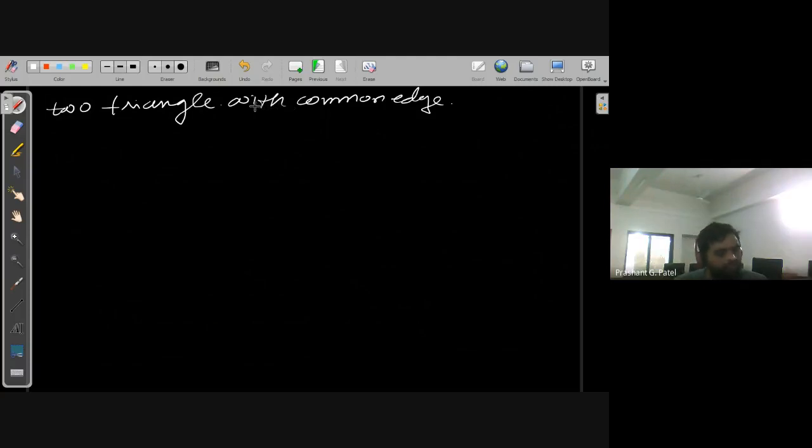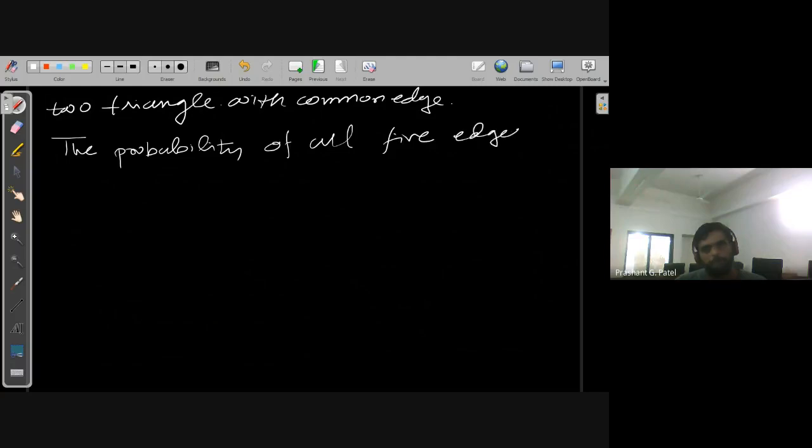And what will be the probability of all these 5 edges in 2 triangles being present?